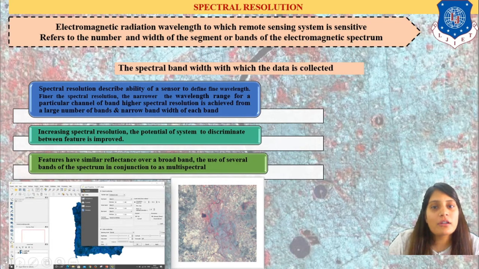When we have a good band combination, features are properly seen and demarcated. As I have told you before, we do the band combination and extract the information of our features. So this is about spectral information.